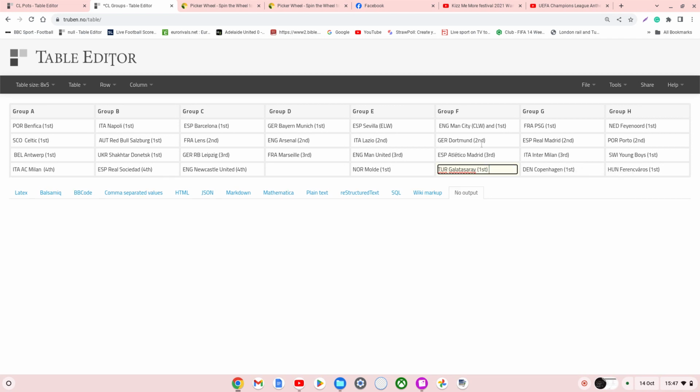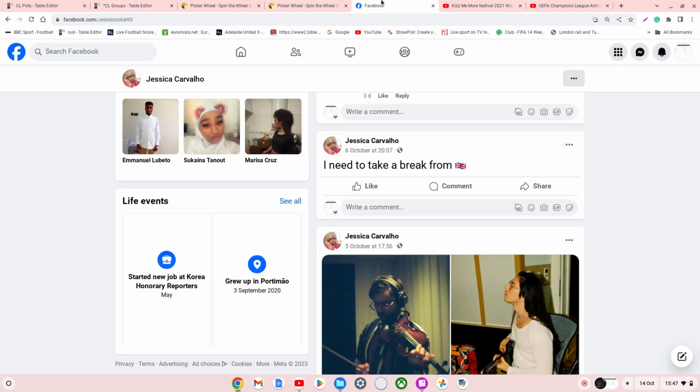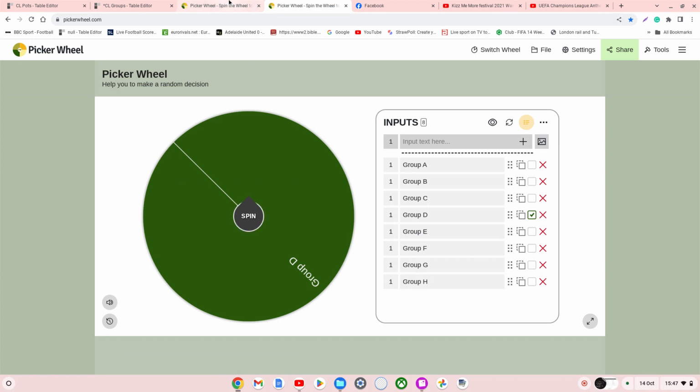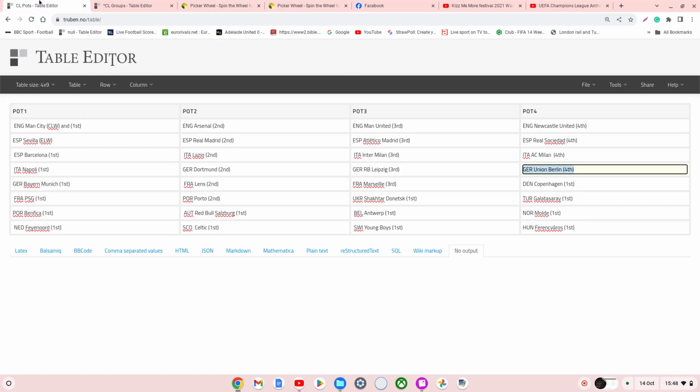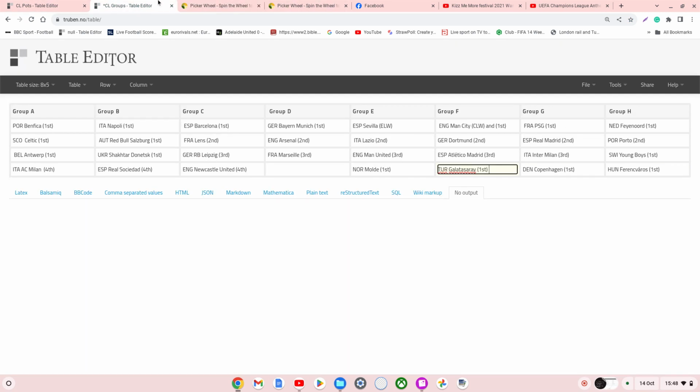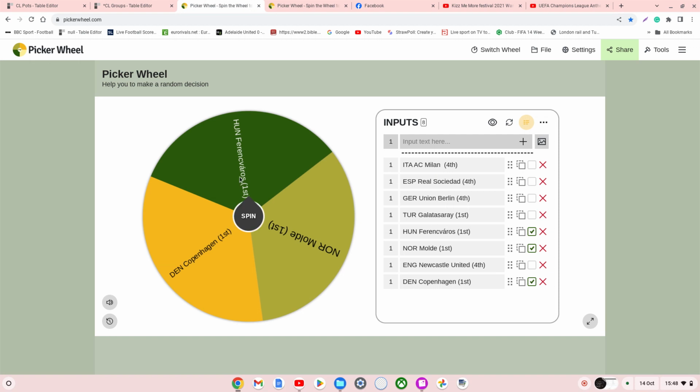They can't be in Group F because of Dortmund, and they can't be in Group A. So yeah, my bad. Galatasaray will have to stay in their group.